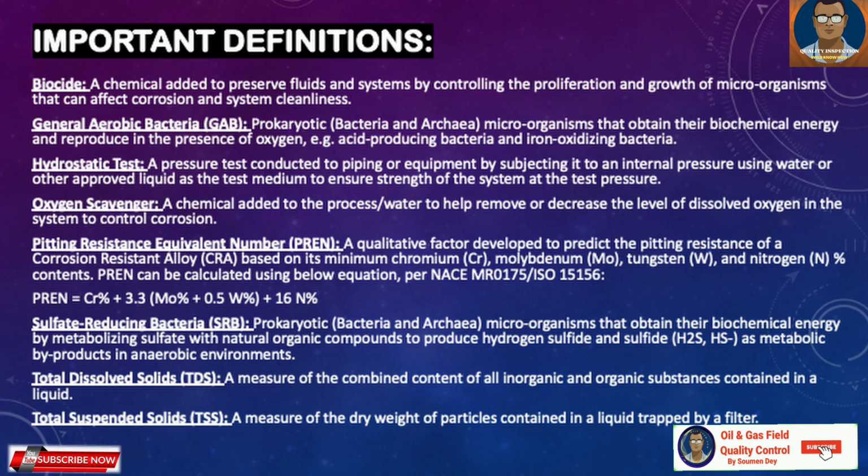One is the general aerobic bacteria, GAB, which can produce acid with the help of oxygen present in the water. The other is sulfate-reducing bacteria, which don't need any air. They just react with natural organic compounds and harm the system. So both should be kept low in the Hydrotest water.